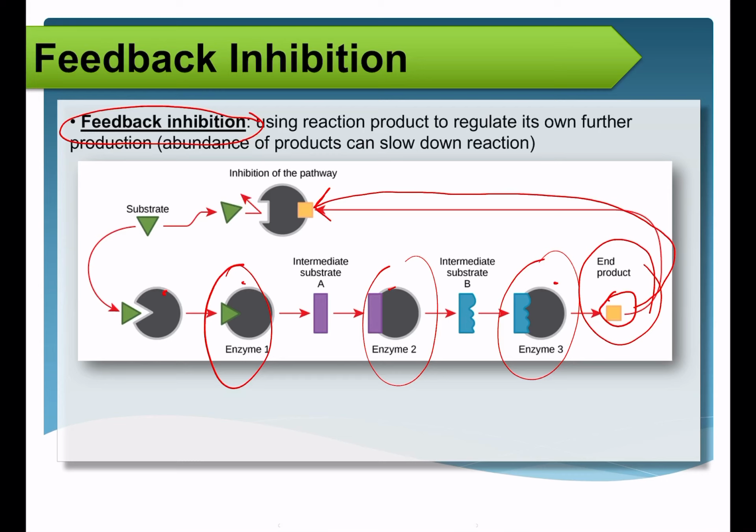Meaning that if we have a lot of that product, we need some way to tell that enzyme, hey, you better stop working because we don't need a lot of this anymore. We have a lot of our product. So that's why the product ends up being an allosteric inhibitor, changing the active site. The substrate no longer binds and the production assembly line stops. So that's a way of feedback inhibition.